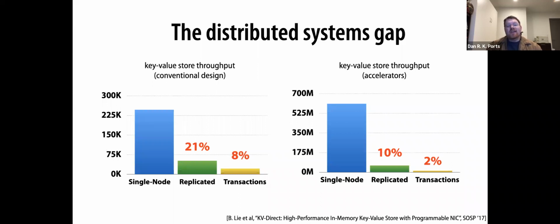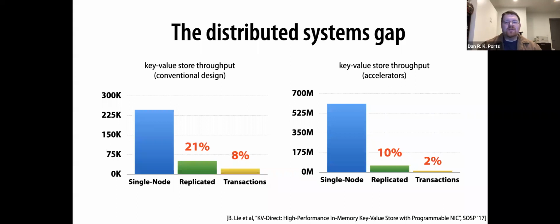And that's because we're able to put storage onto new accelerators. But the more important trend from a distributed system standpoint is that the relative performance, the penalty that's required to move to a replicated system or a transactional system has gotten a lot larger because we're spending more of the time running the protocols we need in order to manage the data.